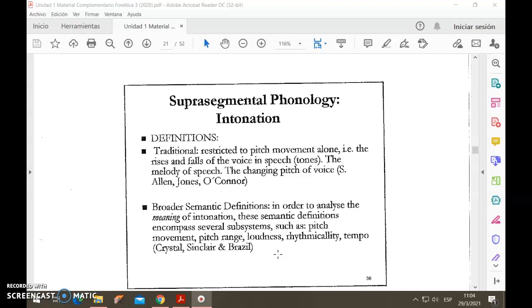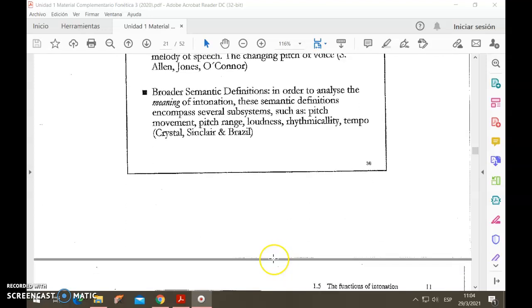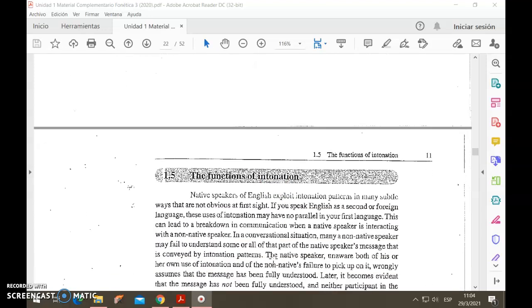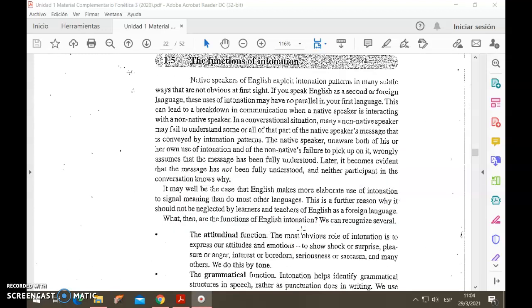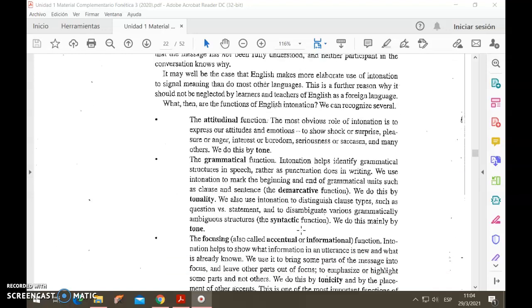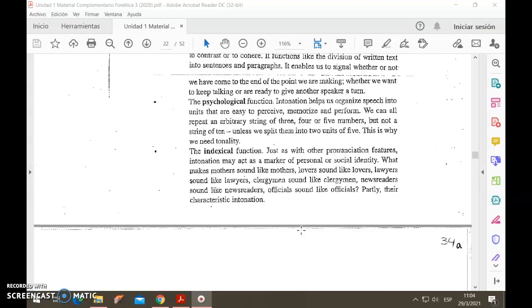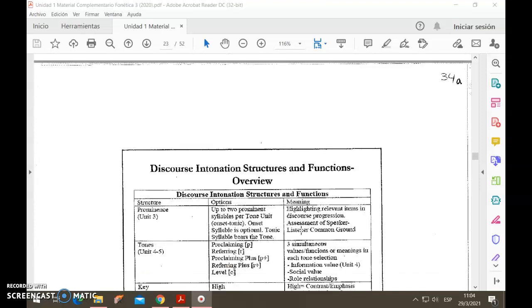Sentence is a grammatical category, whereas in discourse we speak of utterances, okay, not sentences. You have here functions of intonation. This is by Wells. It's a grammatical oriented approach. You can read this, but we will not focus on that.